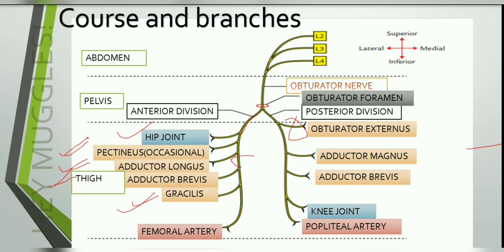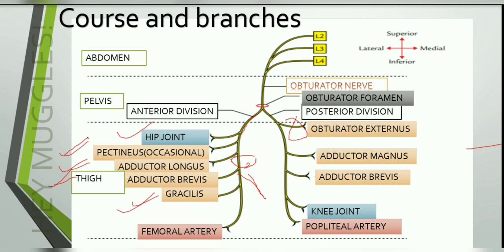Distal to the adductor longus muscle, there is the adductor canal, and here it gives a cutaneous branch to supply the skin on the medial aspect of your thigh, right?